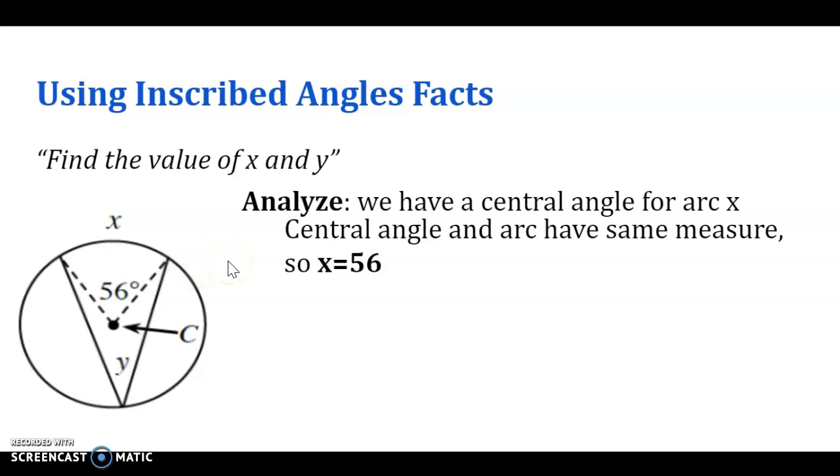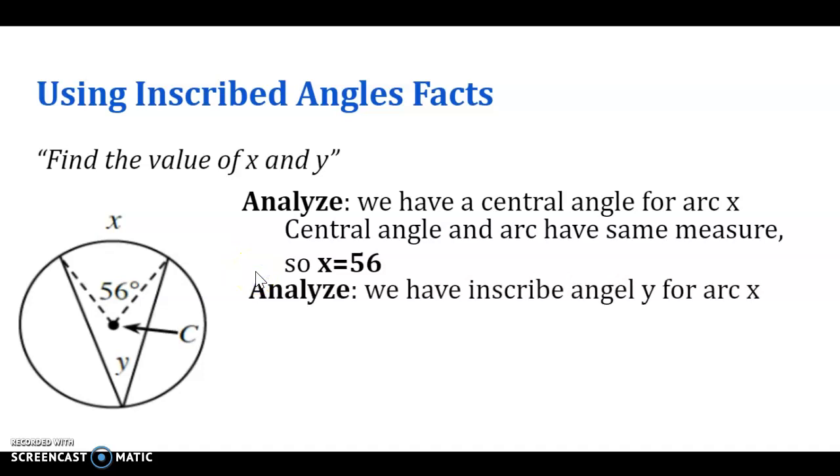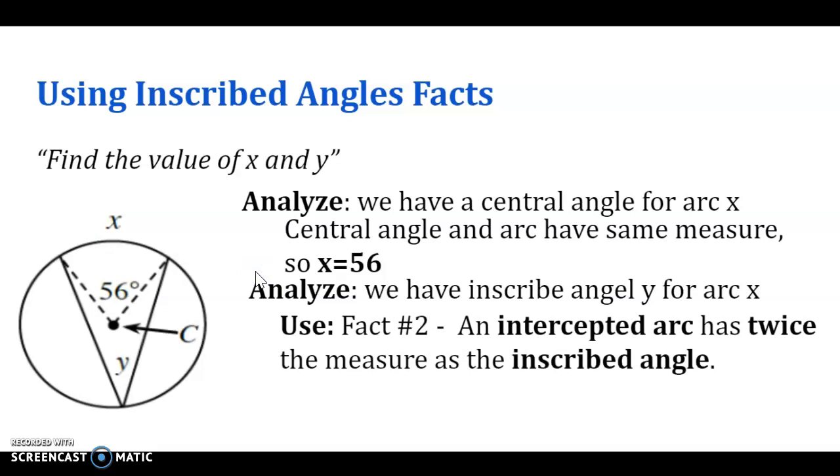So if arc is 56 degrees, then the inscribed angle of arc is going to be half of 56 degrees. So we have an inscribed angle of y for arc x, and an intercepted arc has twice the measure as the inscribed angle. So the intercepted arc is always going to be 2 times the inscribed angle.